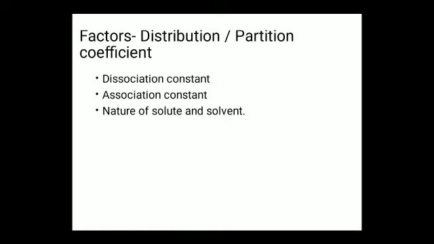The effect of temperature is of the order of 0.01 log units per degree. It may be either positive or negative. It is also affected by the choice of solvents and the choice of aqueous phase.